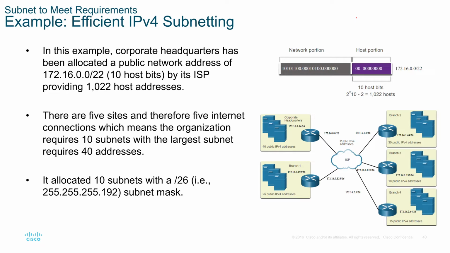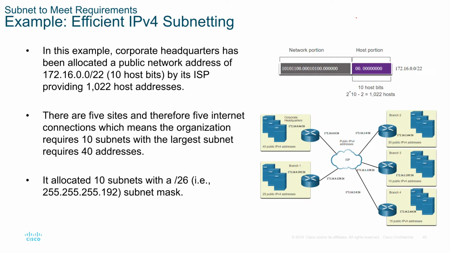Now the /22 gives us 10 host bits. And with 10 host bits, we would have 1024 combinations. Because I lose the network and the broadcast, I would have a total of 1022 host addresses.